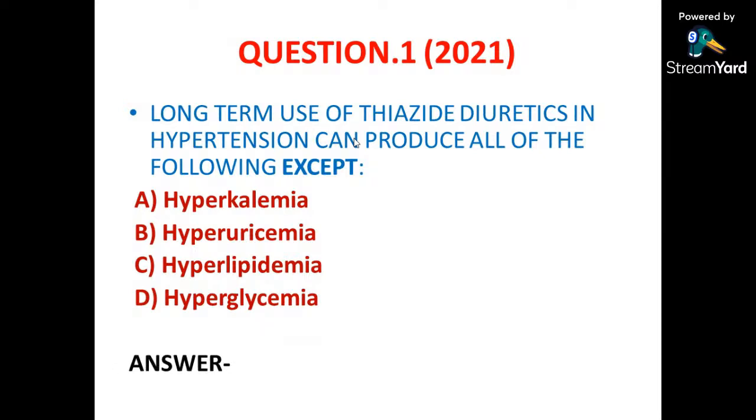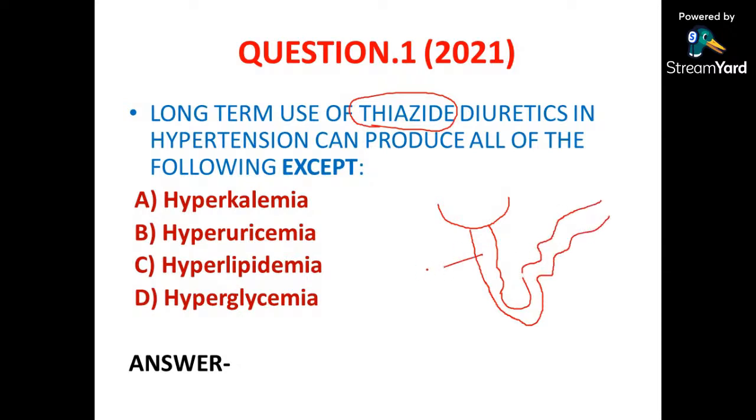To answer this question, let me tell you some basic points about thiazide diuretics. See, in thiazide diuretics, one thing you have to understand, just imagine this is a glomerulus and this is a proximal convoluted tubule, PCT.